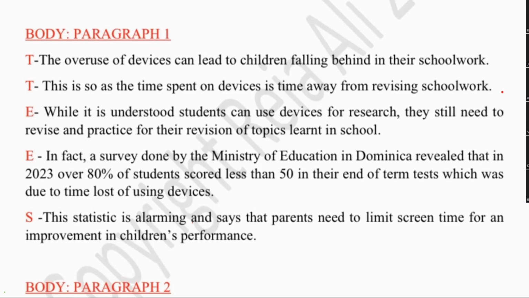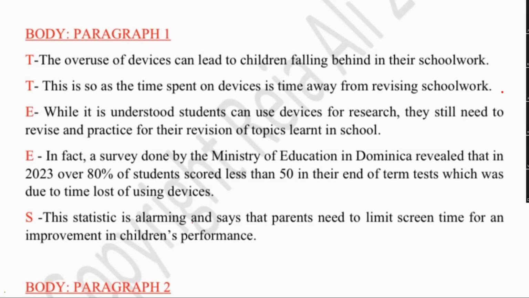Okay, very good, children. So when you're looking at the paragraph, the structure is the first point is your topic sentence, which is simply a repeat of your point. The overuse of devices can lead to children falling behind in their schoolwork. Then we explain it.